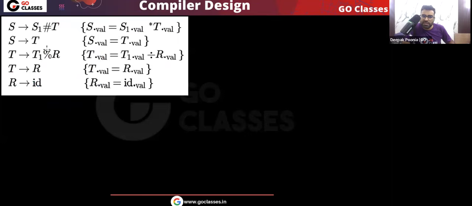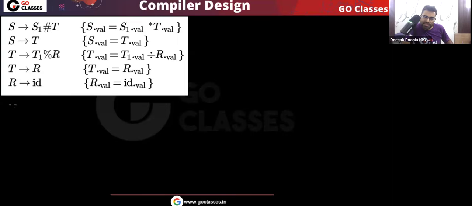You will find that this given grammar is an unambiguous expression grammar, where hash is basically the same as star. Hash represents multiplication and percentage represents division. Notice these small things.